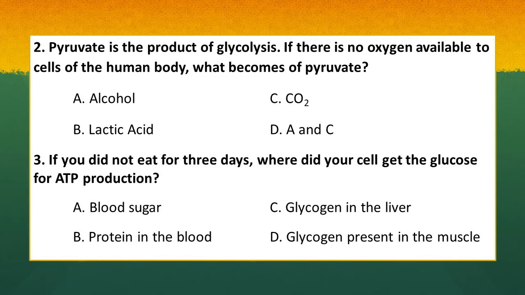If you did not eat for 3 days, where did your cell get the glucose for ATP production? A. Blood sugar, B. Protein in the blood, C. Glycogen in the liver, D. Glycogen present in the muscle.